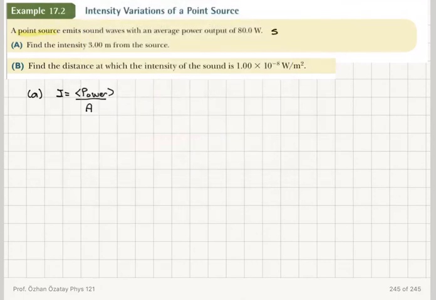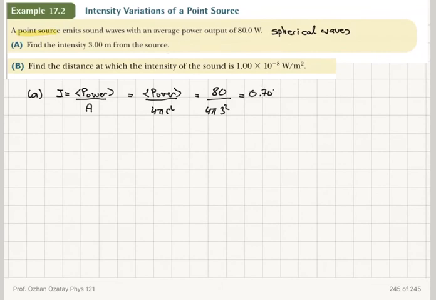Therefore, I'm going to have spherical waves emanating from the source, and at a radial distance r, the intensity is average power divided by 4 pi r squared. For 80 watts and 4 pi times 3 squared, which is 9, this will be 0.707 watts per meter squared.